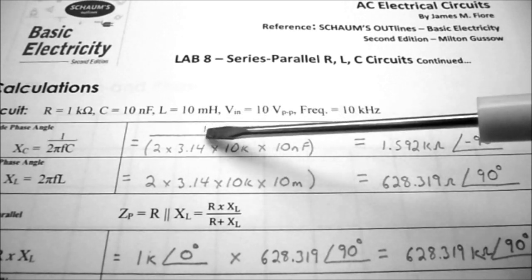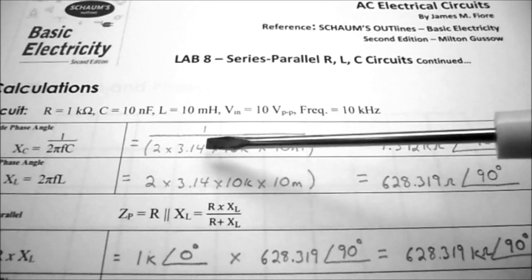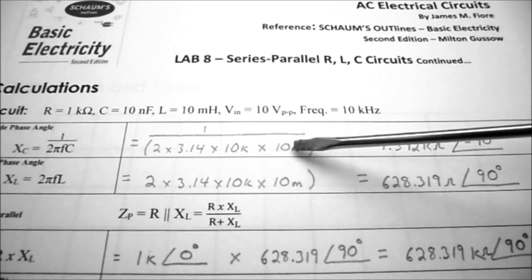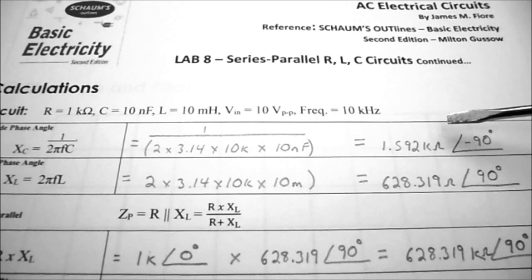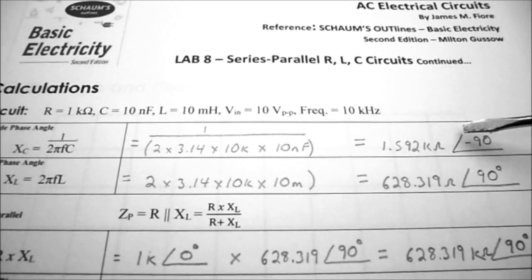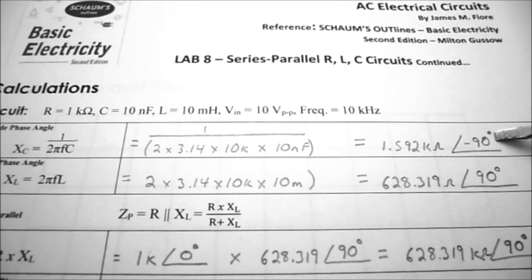Okay, so it's 1 over this entire amount here, which is 2 times pi times 10k times 10 nanofarads, and that's going to be equal to 1.592 k ohms. And remember, this is an angle of minus 90 degrees.